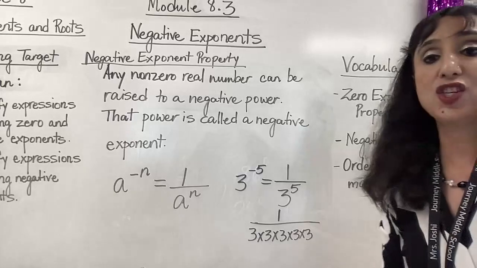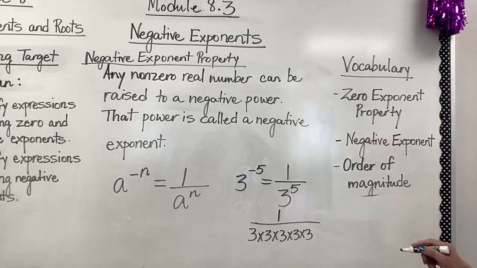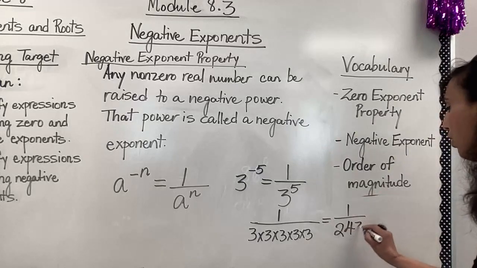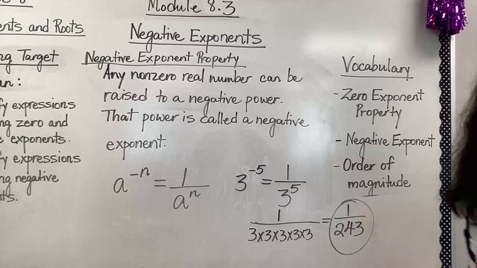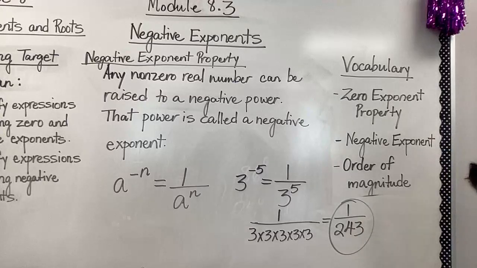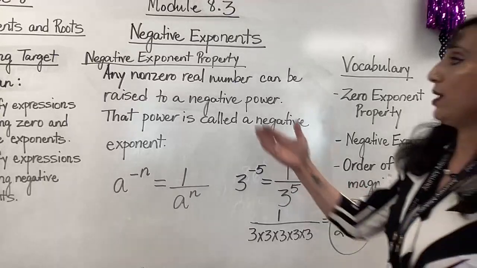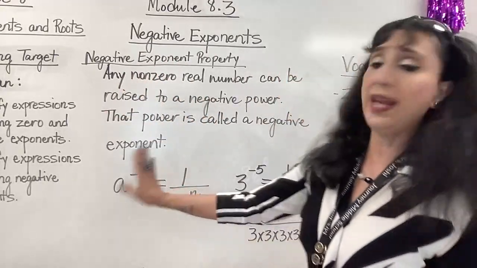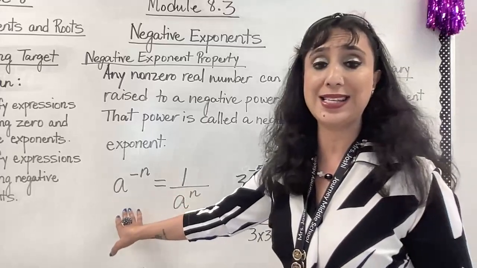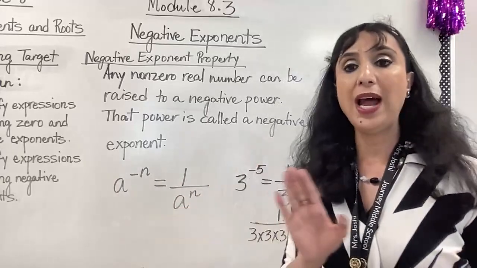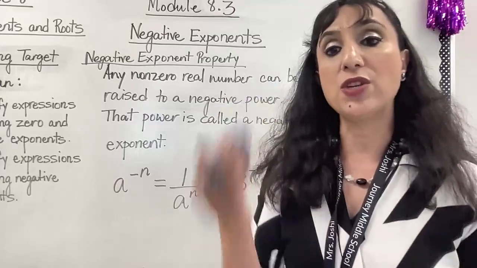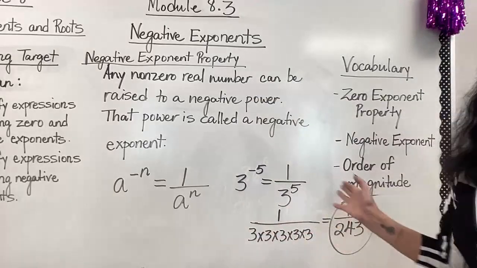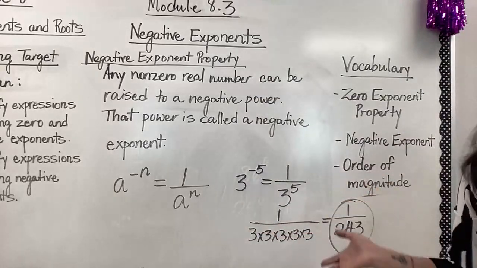And so I get my answer as 1 over 243. That is my final answer. So once again, with the negative exponent property, when I'm given a negative exponent, all I'm doing is taking the reciprocal of that. That's how I write it out and solve it.